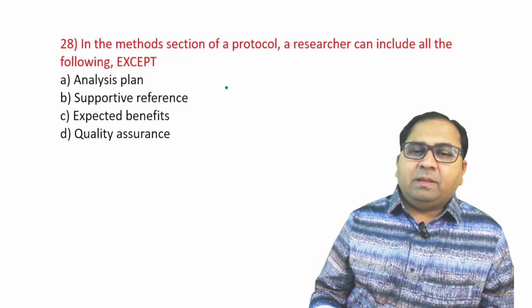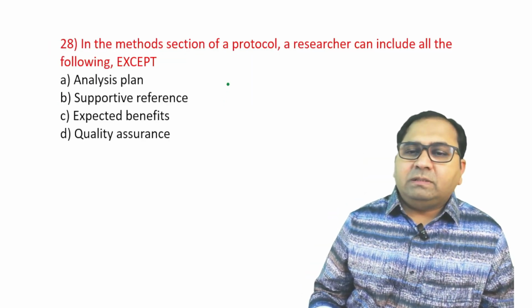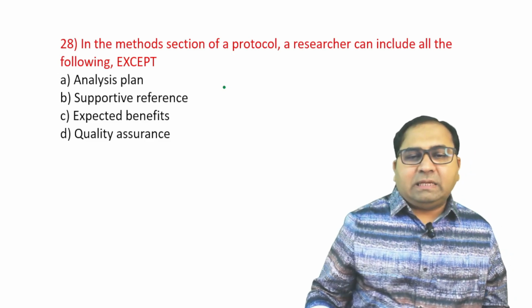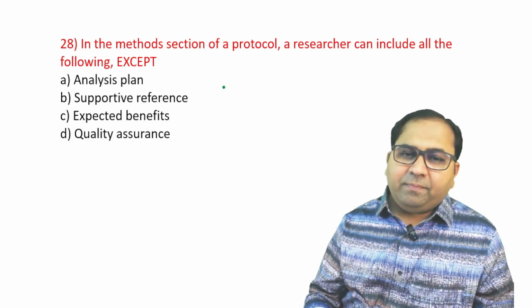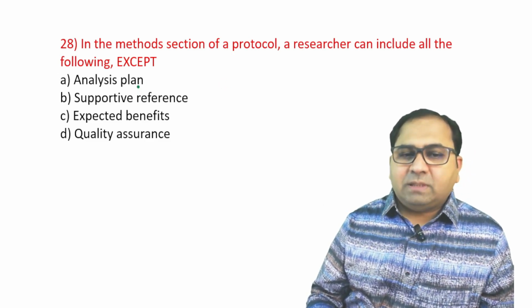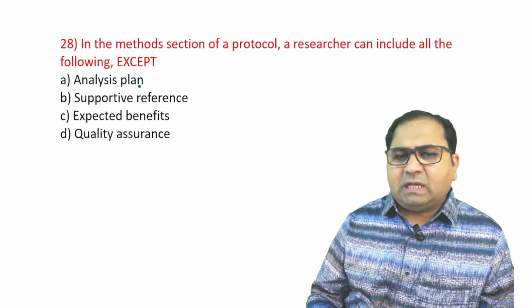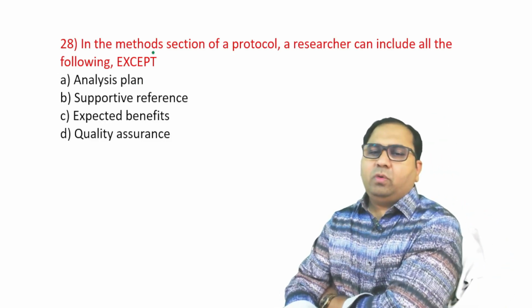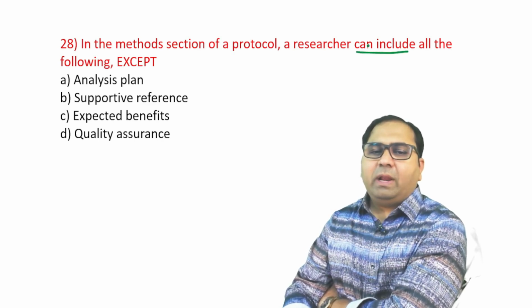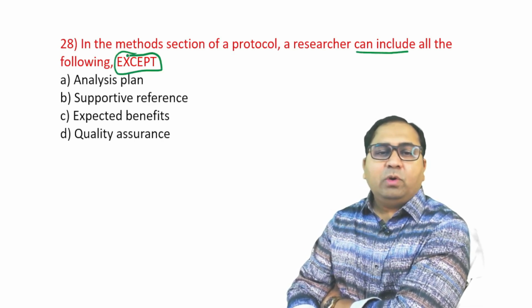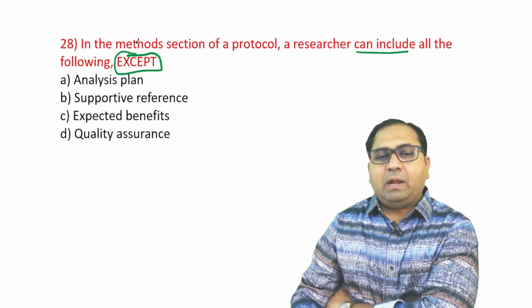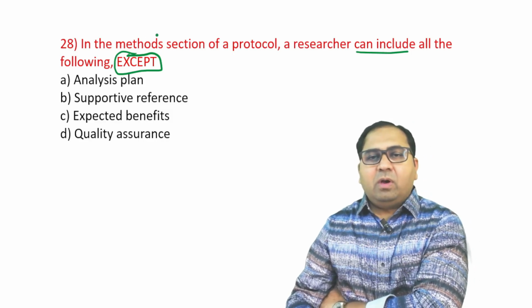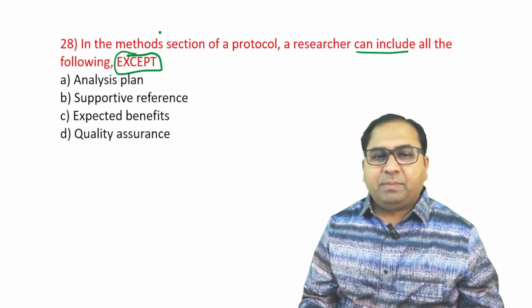Next question. In the method section of a protocol, a researcher can include all the following except. Options are A, analysis plan, B, supportive reference, C is expected benefits, and D is quality assurance. I told you previously, go to the first question and please read the lines mentioned in the outline of the methodology section.